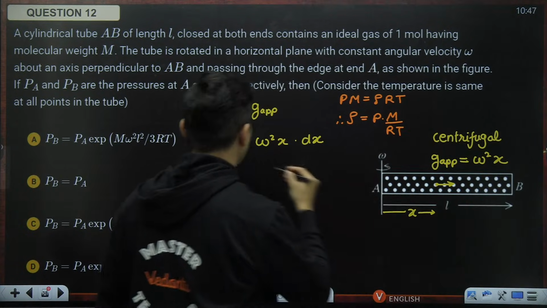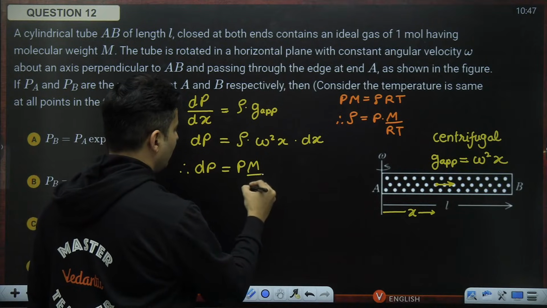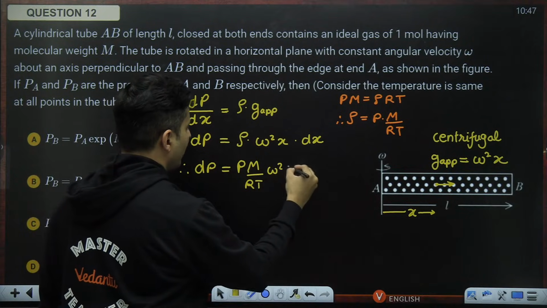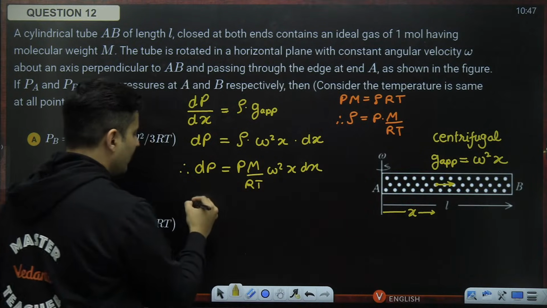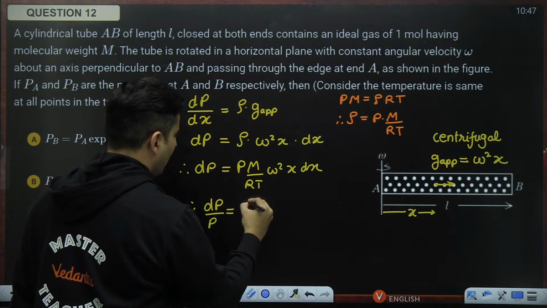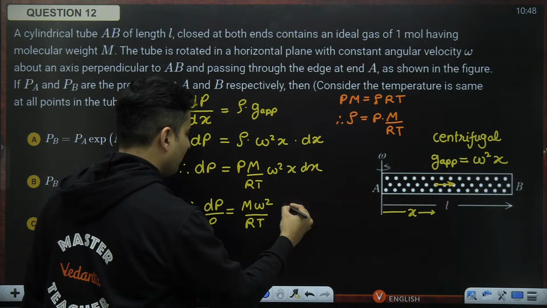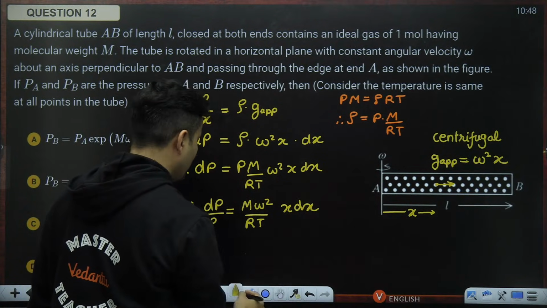So let's use that. Instead of density, it will be pressure into molar mass divided by RT, omega square x dx. Take pressure below over here. So dP by P will be capital M omega square by gas constant into temperature, into x dx.